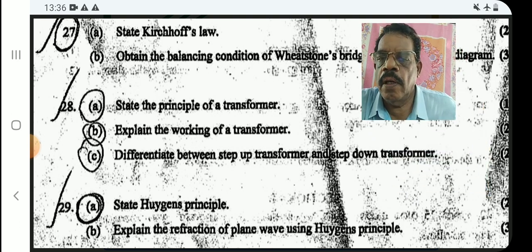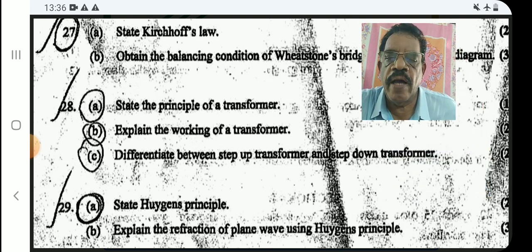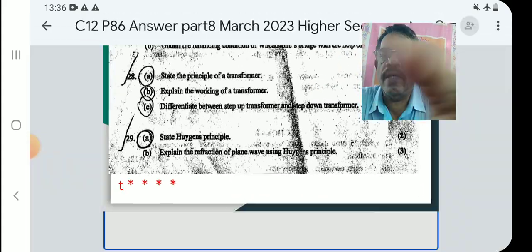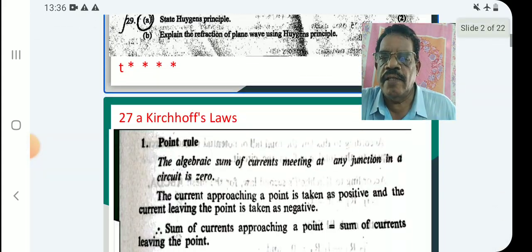C, distinguish between step up and step down transformer. Question number 29A, state Huygens principle. B, explain refraction of plane wave using Huygens principle. These are the last three questions. Each question carries 5 marks. We can see the answers one by one.